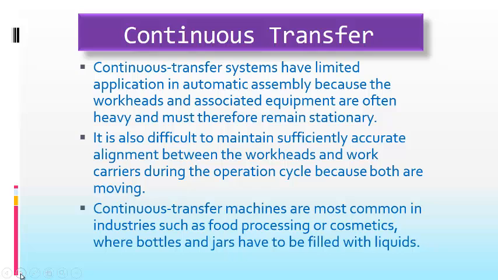Even in cosmetic industries the same thing is being done. But generally in other industries we find the workhead stationary, not moving except to do the assembly, while the components and the fixtures are moving.